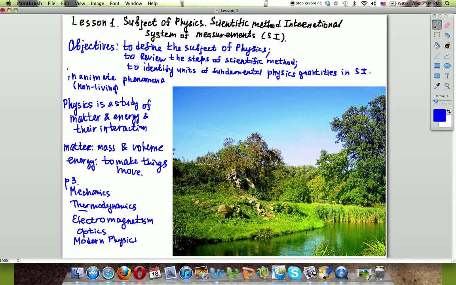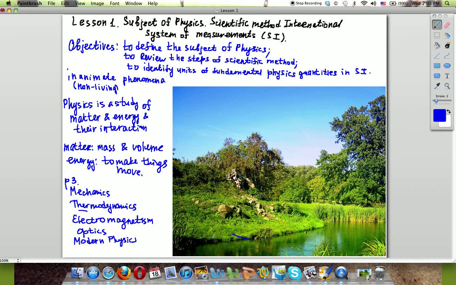Okay, probably you came up with examples like a thunderstorm, which will be a subject to study in electromagnetism, as lightning. So the colors in this picture will be the subject of optics. The temperature of the atmosphere or water will be the subject of thermodynamics.